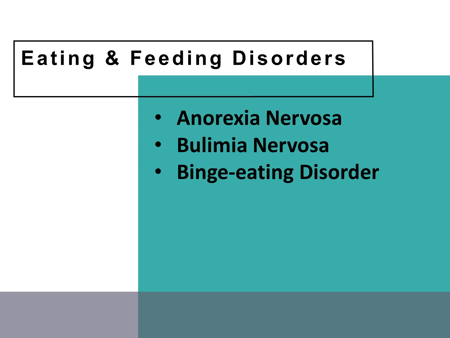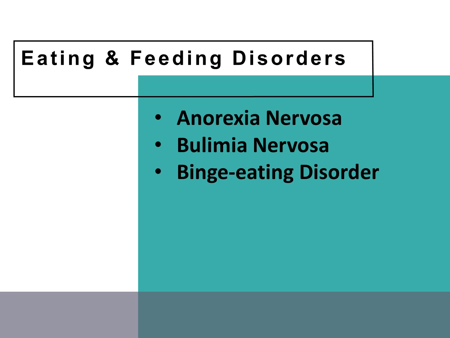The next one is bulimia. And bulimia nervosa, individuals with this disorder, they'll actually eat, and they'll eat large amounts of food. But the problem is that they'll have some kind of a purging behavior afterwards. So what that means is they'll either throw up after they eat, or they'll abuse laxatives.